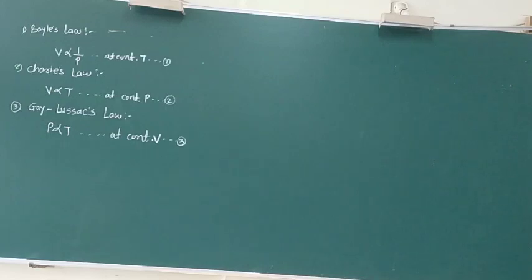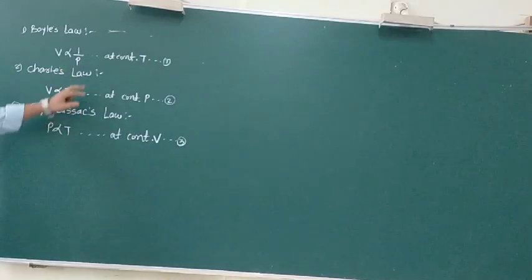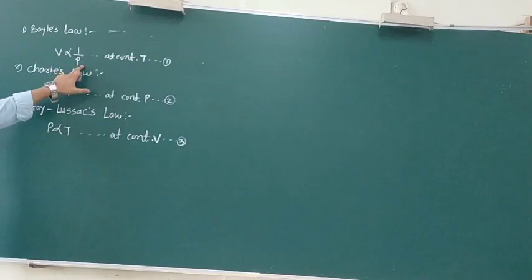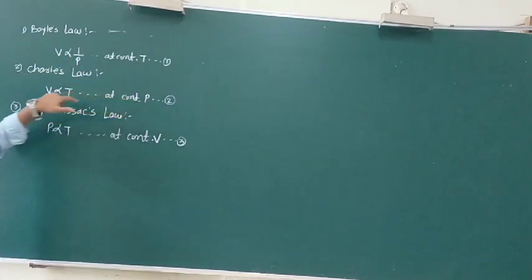Now see here. From Boyle's law, at a constant temperature, volume of a gas is inversely proportional to pressure. By Charles' law, at a constant pressure, volume of a gas is directly proportional to temperature.